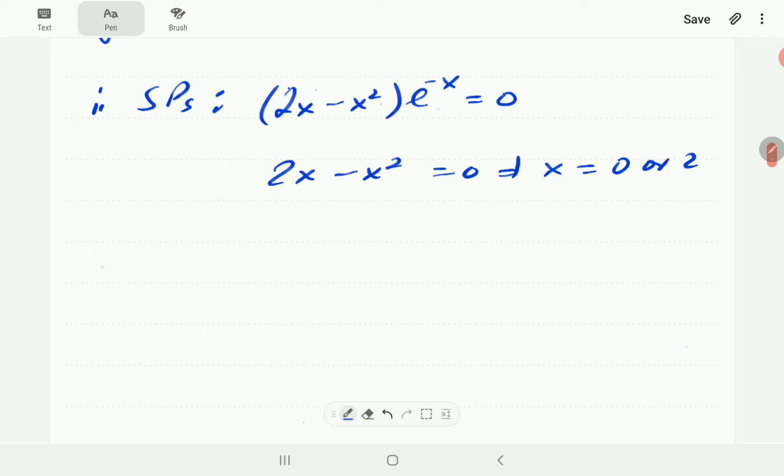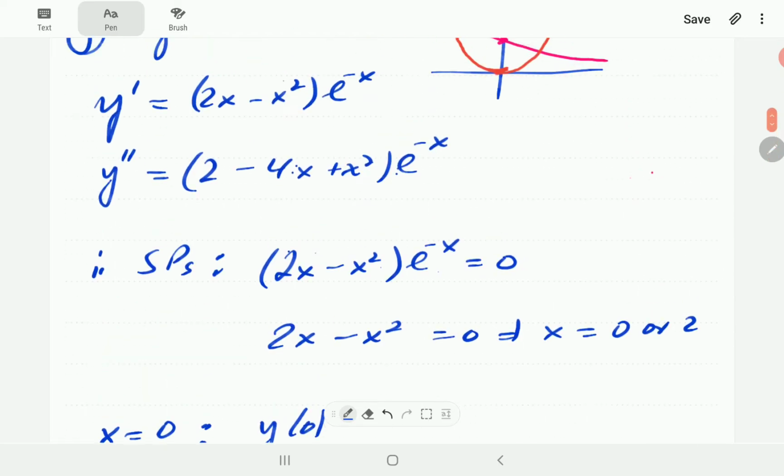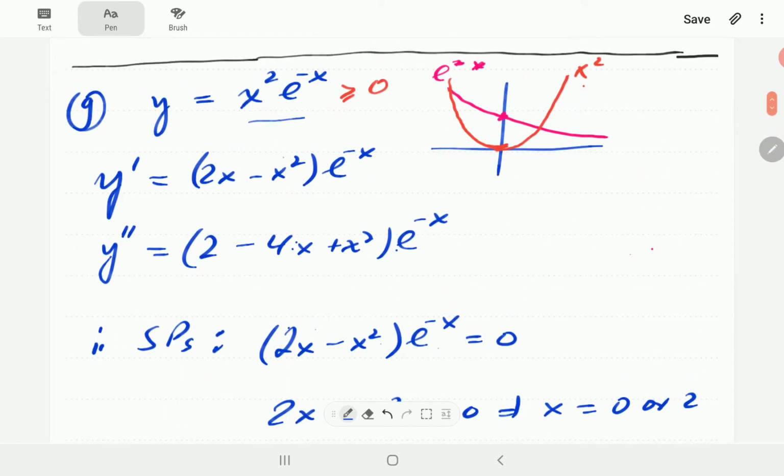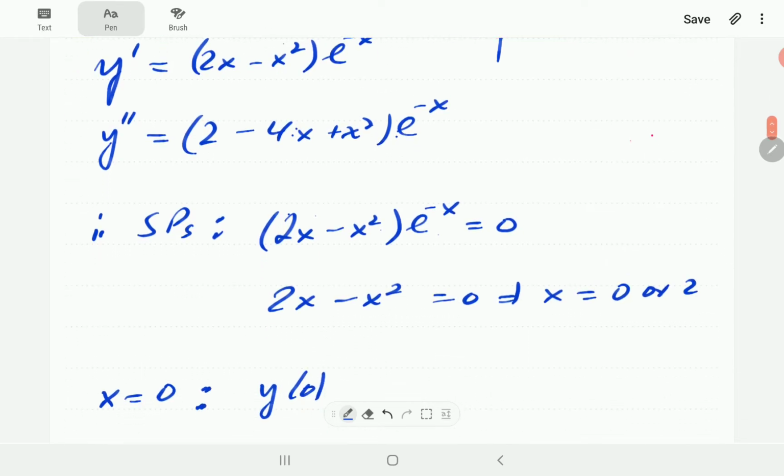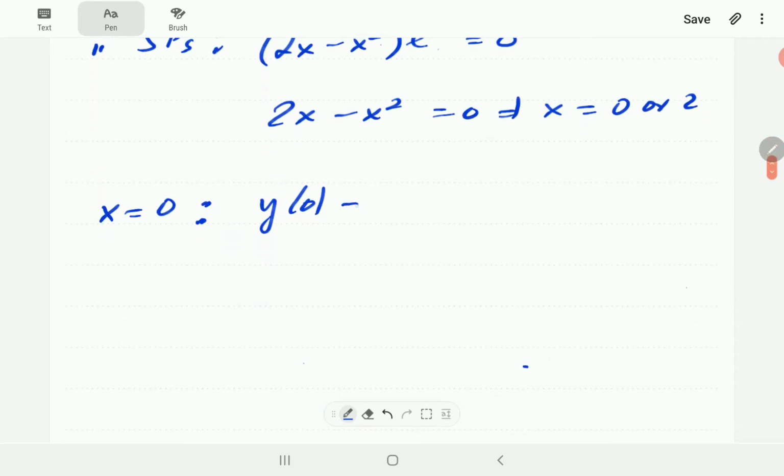So we have two stationary points. The first one is going to serve as well as the y-intercept. Plugging into our y equation, when x is 0, y is going to be 0 as well.